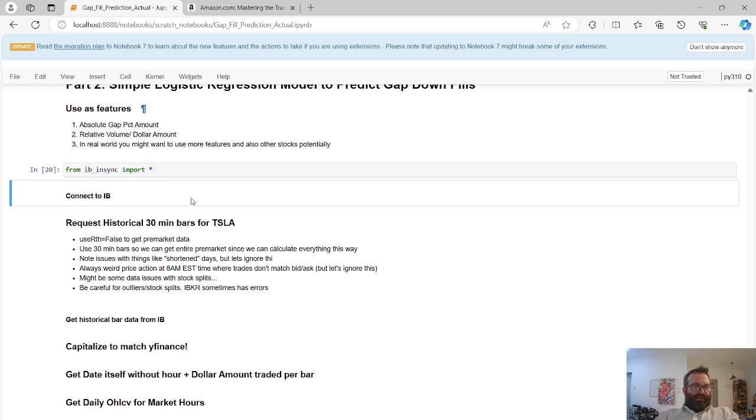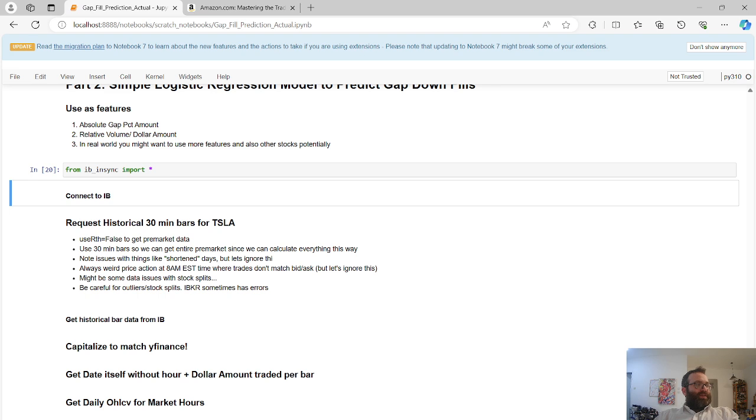Just a quick tiny side note: you should be a little bit careful because sometimes there are stock splits that can mess up your data, and sometimes at 8 Eastern, if you haven't noticed, there's some crazy price action, meaning there are trades that do not match the bid and ask. So just be careful with these things. Take this with a grain of salt. Okay, so let me first show you how to get the 30-minute data and do this logistic regression thing.